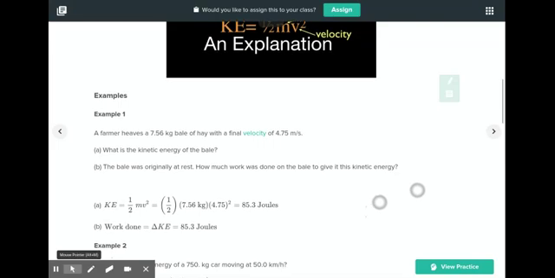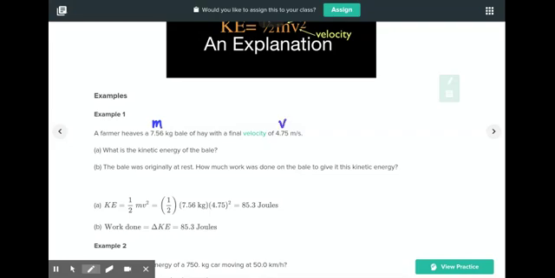So let's take a look at one example. A farmer heaves a 7.56 kilogram, which is mass, bale of hay with a final velocity of 4.75.